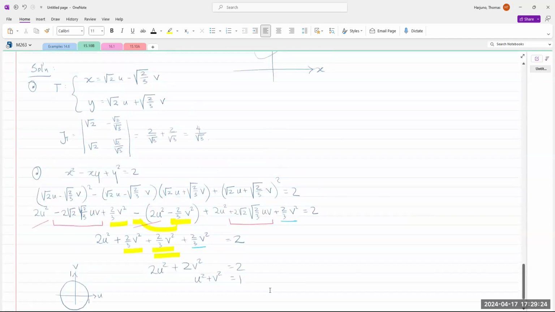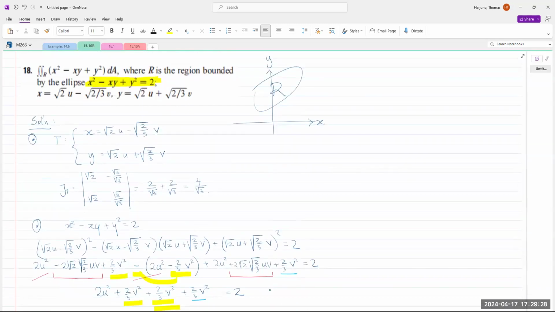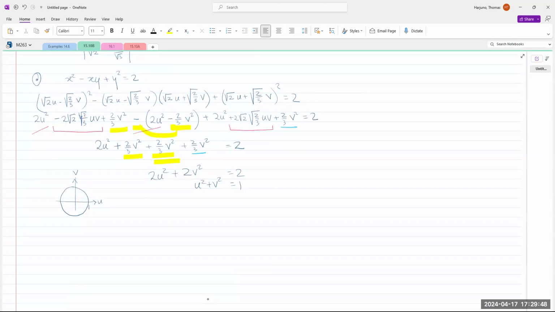Okay, and then what happened with the integrand? That x squared minus xy plus y squared, which we happen to have done earlier, gives us u squared plus v squared. You see, the setup is actually so painful, but when it comes to the integral, it's actually not that bad.